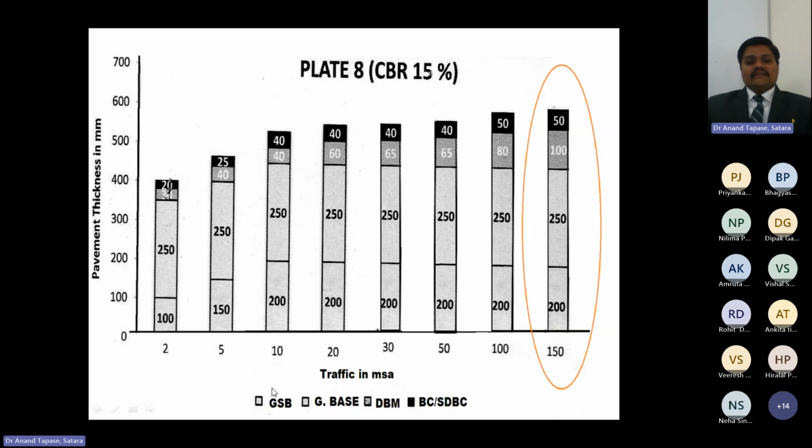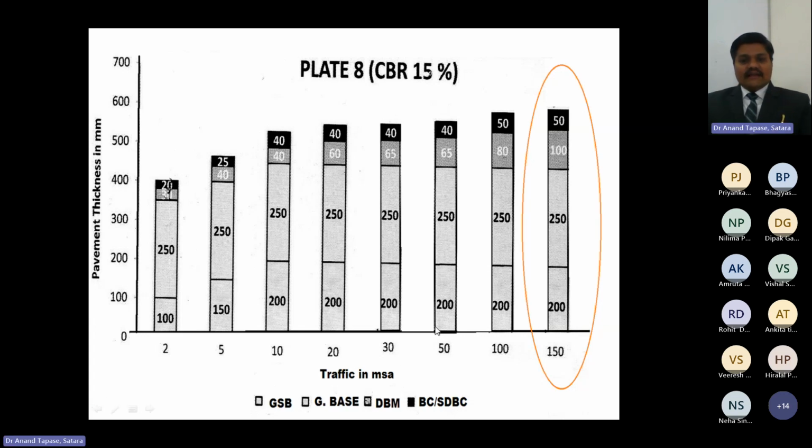Here you can see granular subbase, granular base, then DBM and BC layer or SDBC are the layers. There are four layers in the pavement that we are going to design.